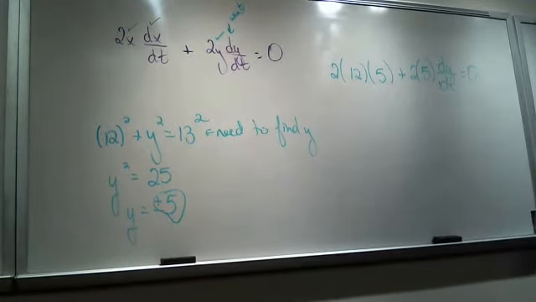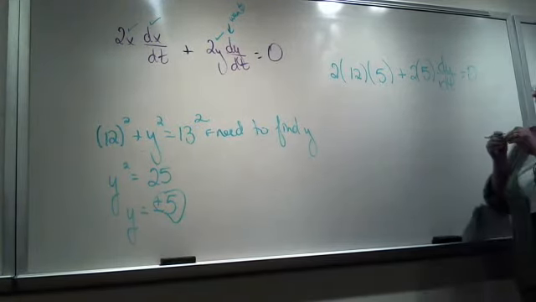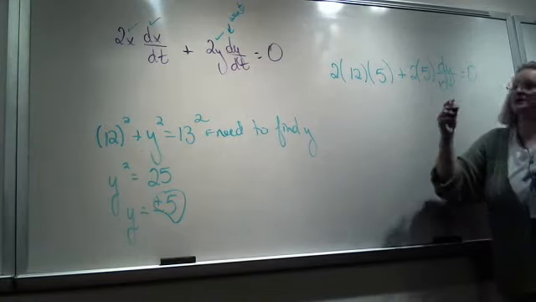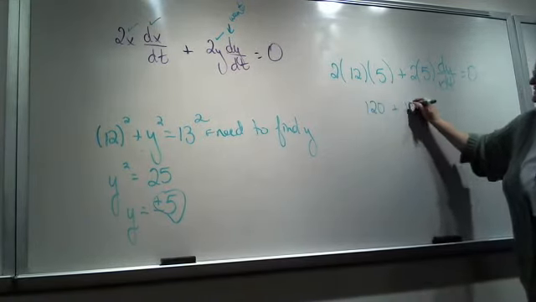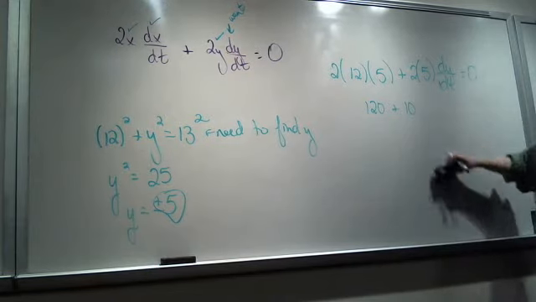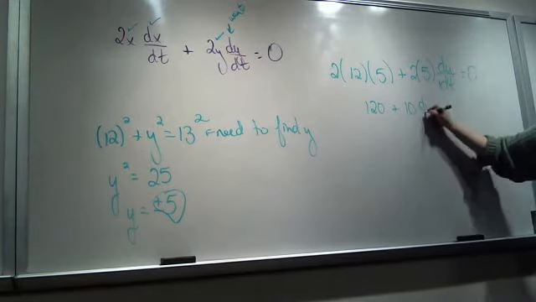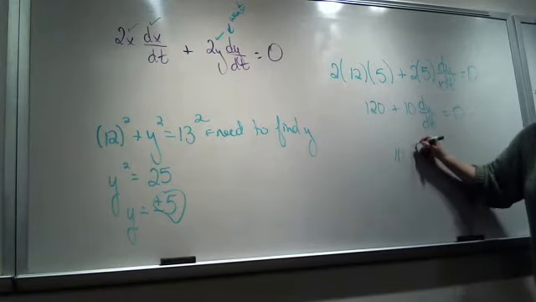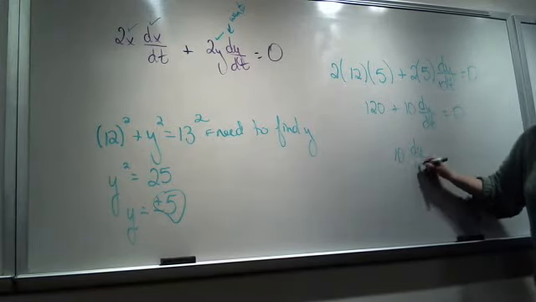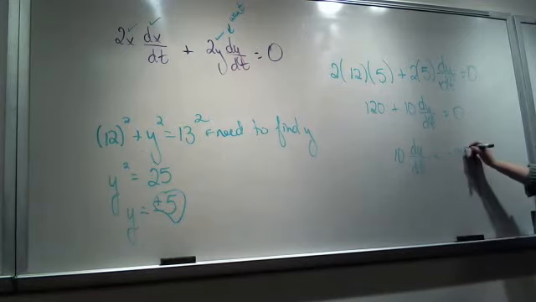What's the only variable in there? My dy dt. Is that what I was looking for? You bet. So now all I have to do is just essentially solve this. So this is 120 plus 10 dy dt is 0. So 10 dy dt is negative 120.